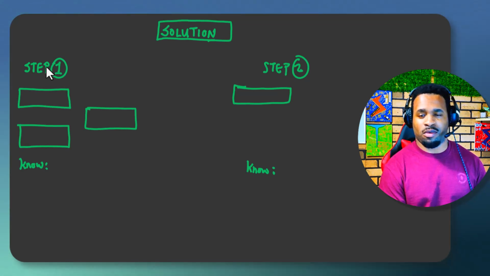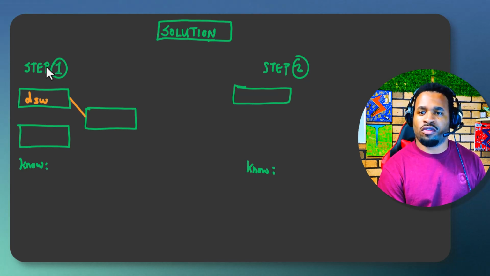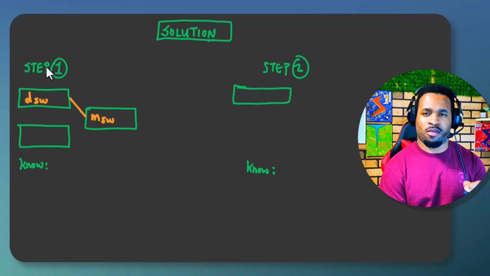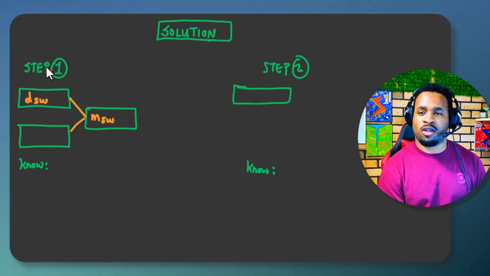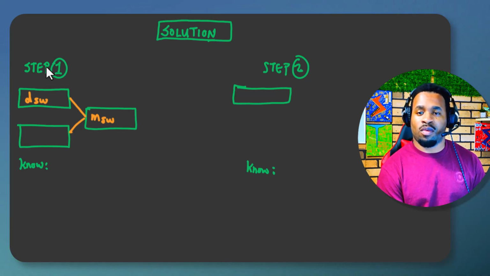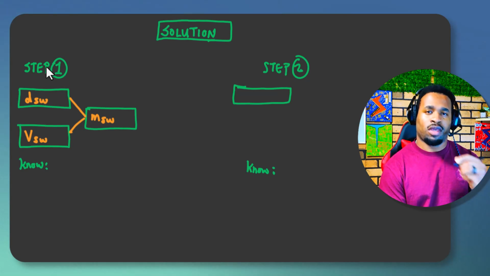We need to go from our density of the seawater all the way to determining the mass of the seawater. But here is the catch: we need a specific variable to accomplish this pathway, and this variable is what is given in the question, which is the volume of the seawater.